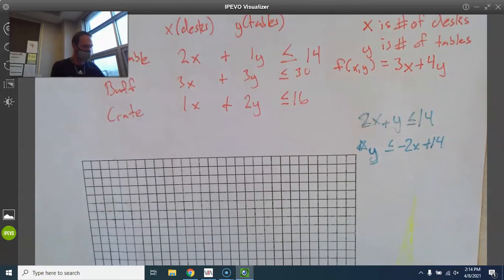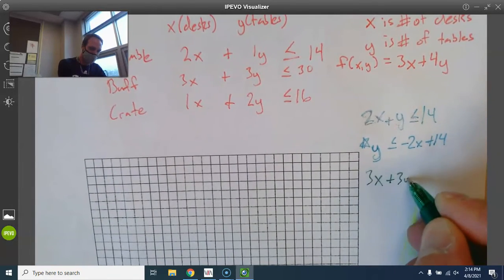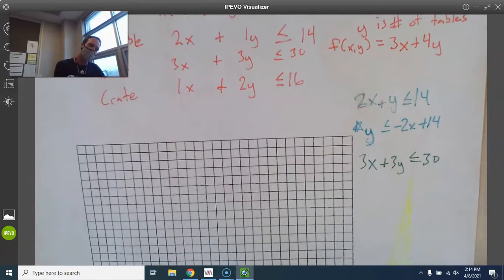And then 3x plus 3y is less than or equal to 30.